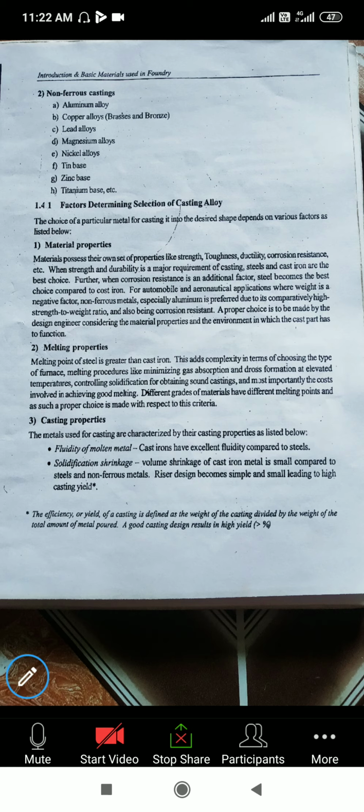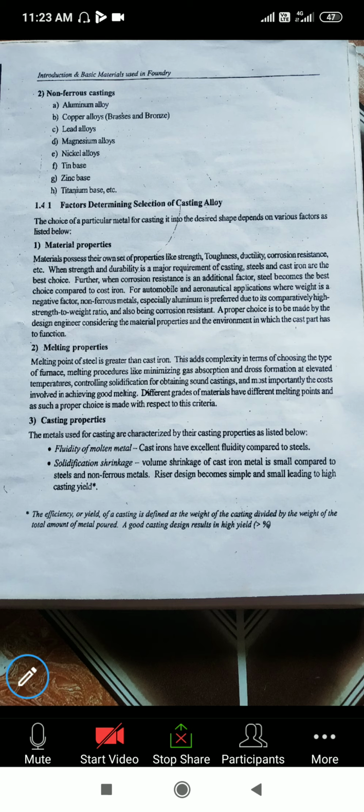One important thing is the factors determining the selection of casting alloys: on what basis the casting alloys should be selected. There are many factors to be considered while selecting the casting alloys. The first one is material properties, the second is melting properties, and the third is casting properties.